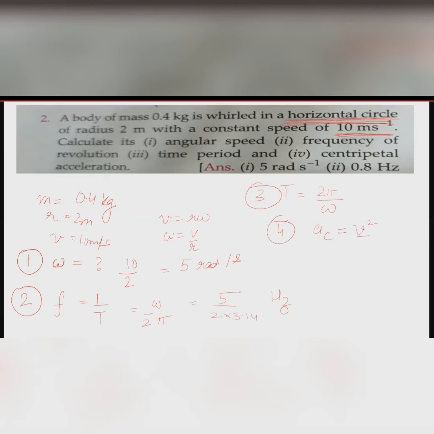It is v square by r, or it can also be calculated as a is equal to r alpha. That is tangential acceleration.